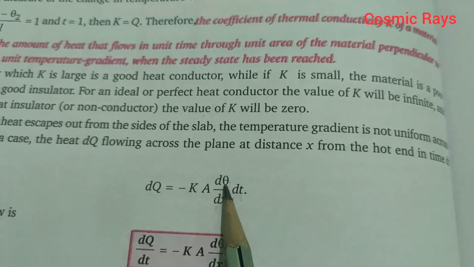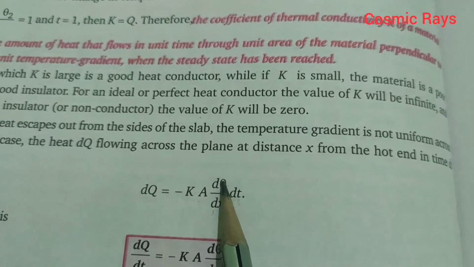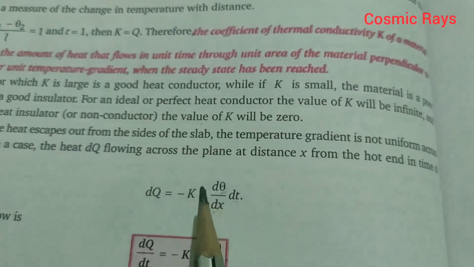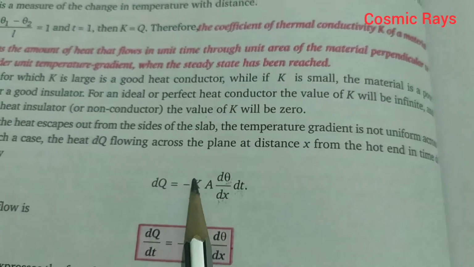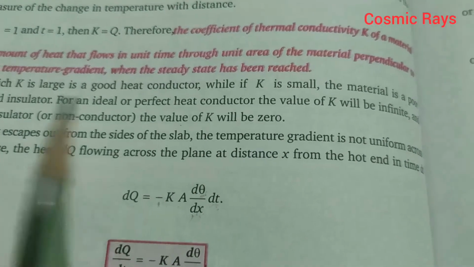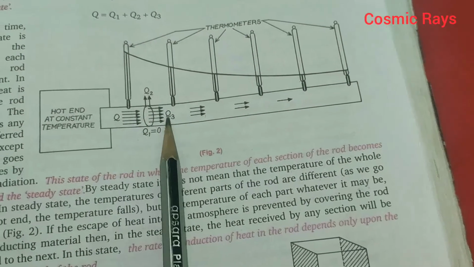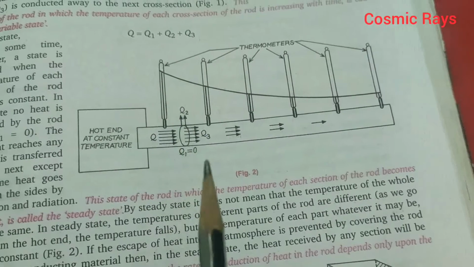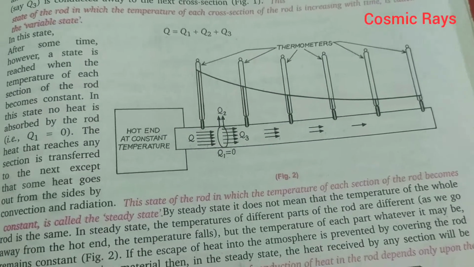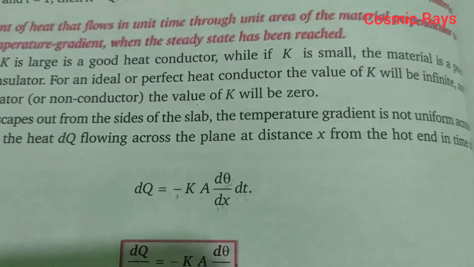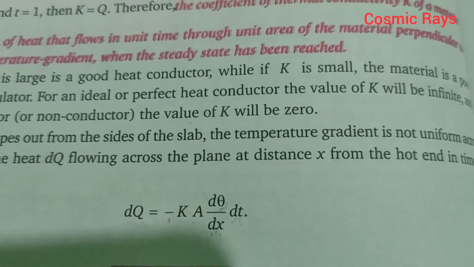Change in temperature is denoted as d theta upon dx, where dx is a small length. This minus sign indicates that the temperature will always decrease in the direction of heat flow. For every area of cross section the heat flow is decreasing as there is a loss of heat to the atmosphere by the process of convection. And the SI unit for this K is watt per meter per Kelvin.